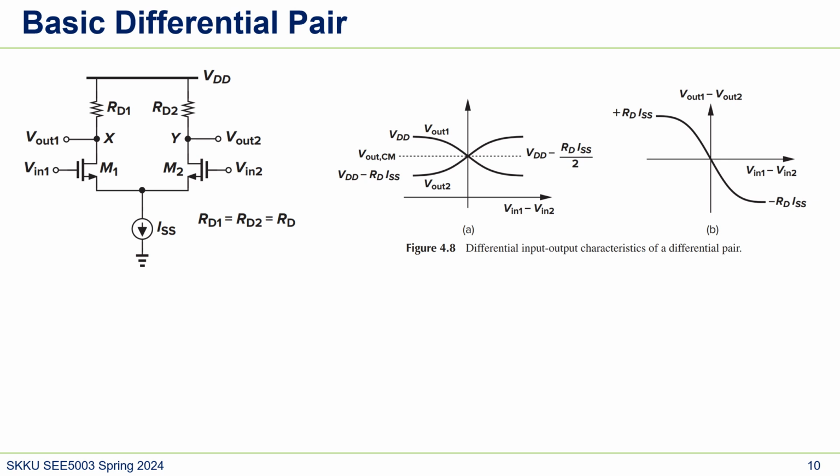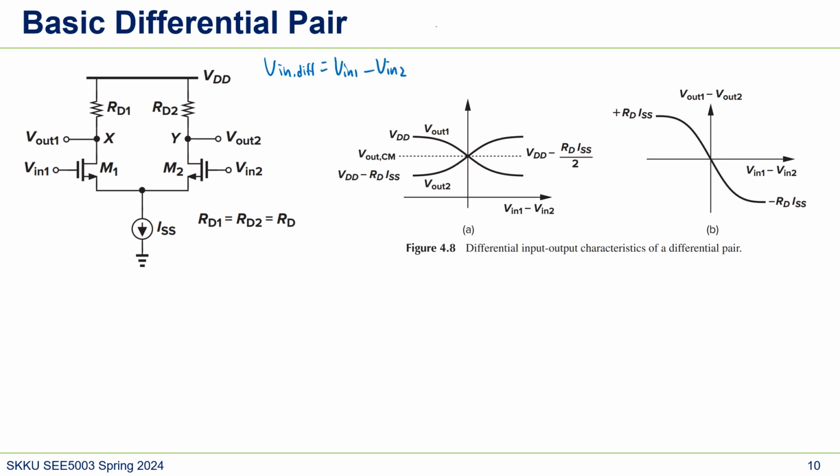Let's see how it works. As I said, the differential pair inputs always operate in opposite phase. So it's good to say V in diff is V in 1 minus V in 2.